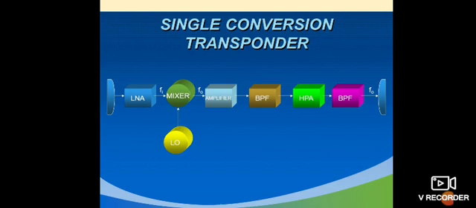In this we use a TWT, that is a traveling wave tube. The next one is the BPF: the high power amplifier output should be filtered using the band pass filter. Why?